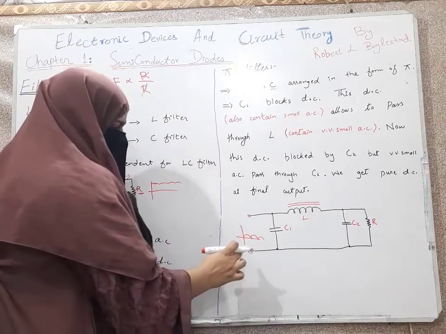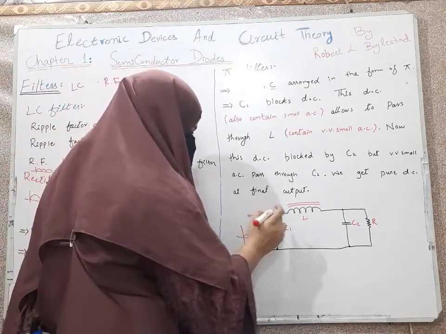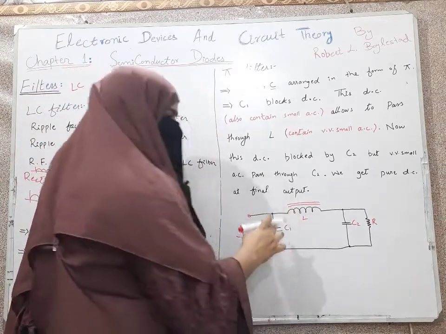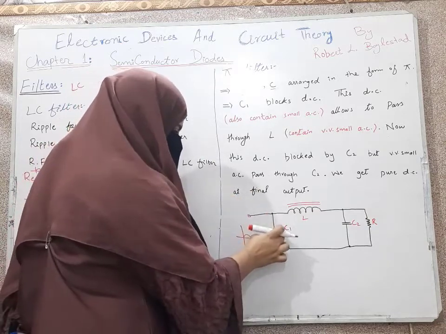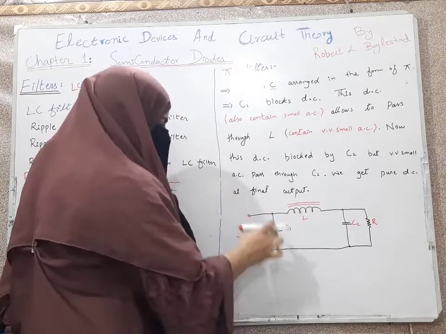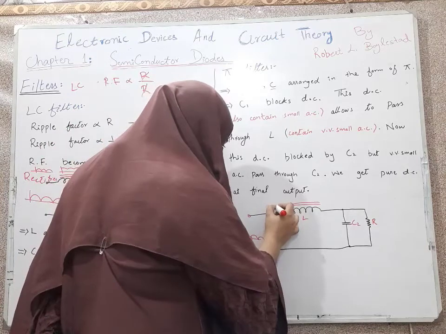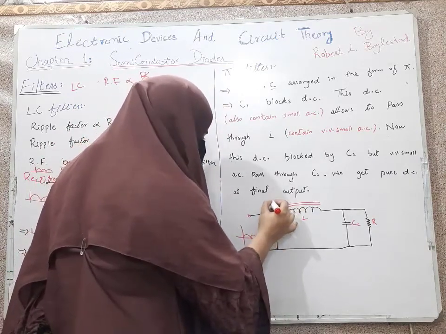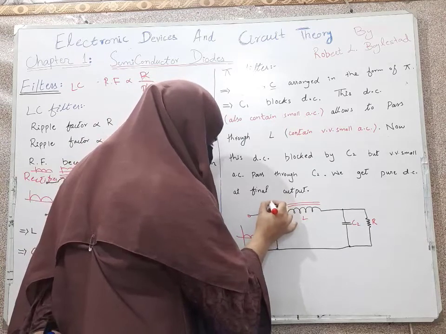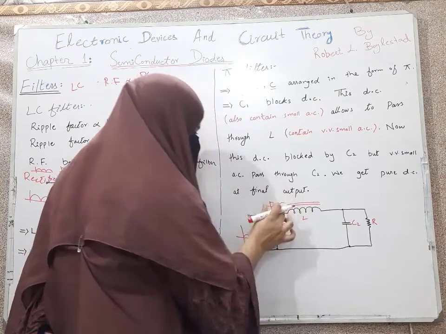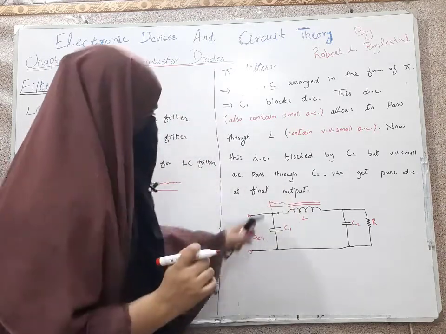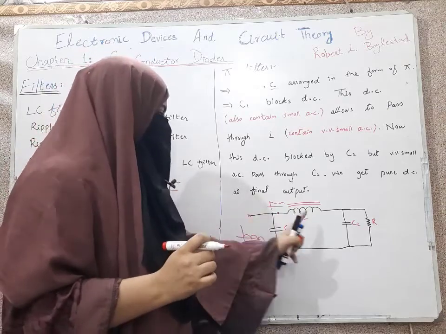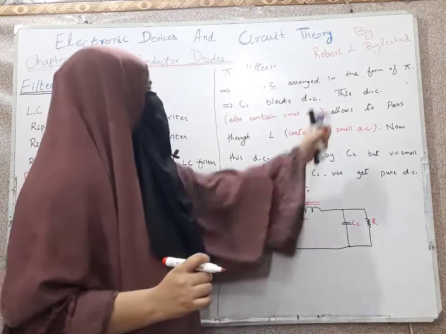At this point the DC will be blocked and the AC will pass here. So at this point we will have such kind of ripples. Now this will pass through this inductor.